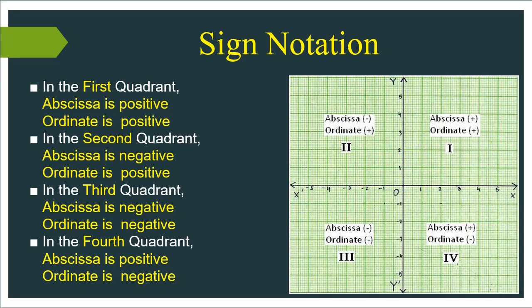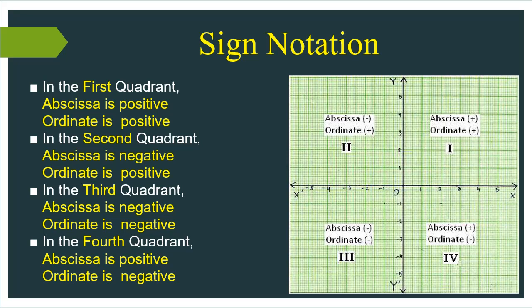Let's have a different look at sign notation. We know that x is abscissa and y is ordinate. We have learnt this in notations used in Cartesian plane in our previous slide, isn't it? So, understanding the concept of sign notation with the help of abscissa and ordinate.